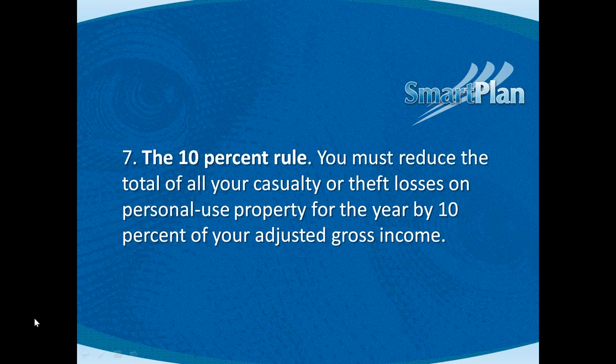If you get a reimbursement of any amount, that reduces the amount of your loss from $4,000 down to a lower number. And if you're in the $40,000 tax bracket, 10% of that is $4,000, therefore you write nothing off.